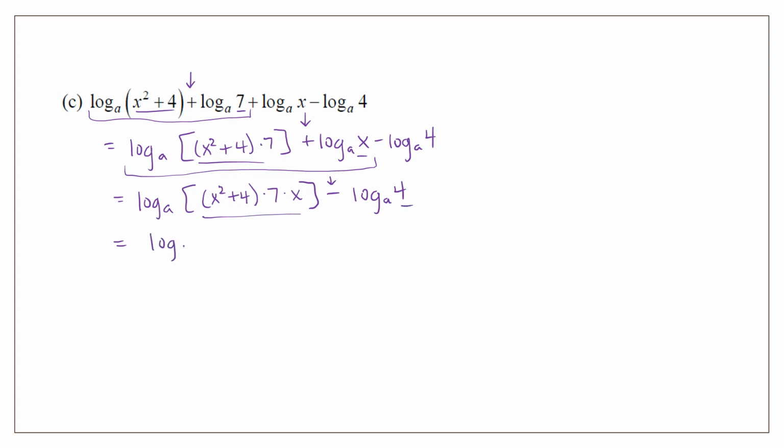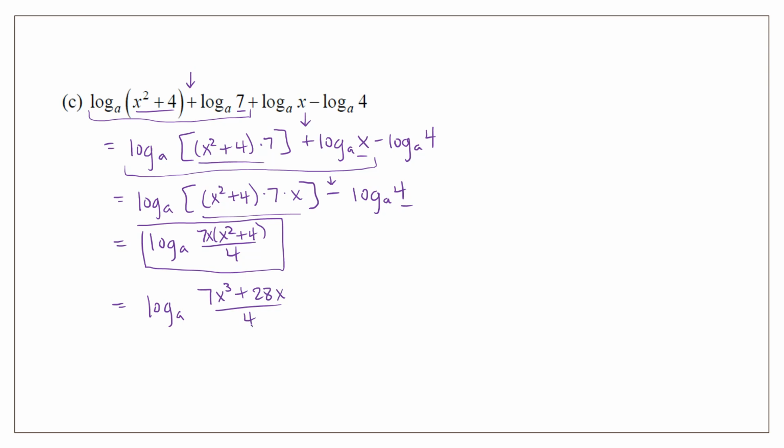So log base A of 7x times x squared plus 4 divided by 4. And so now we have our single log. Ooh, that was beautiful. We can simplify that numerator. So we'll have 7x cubed plus 28x divided by 4.